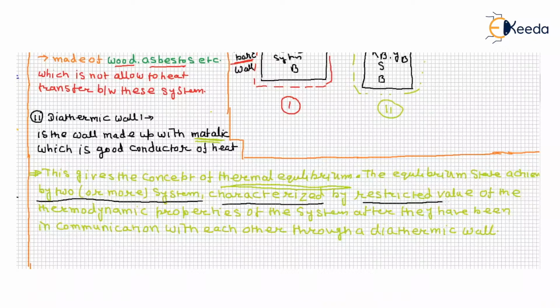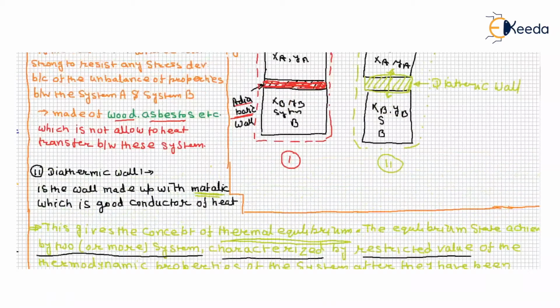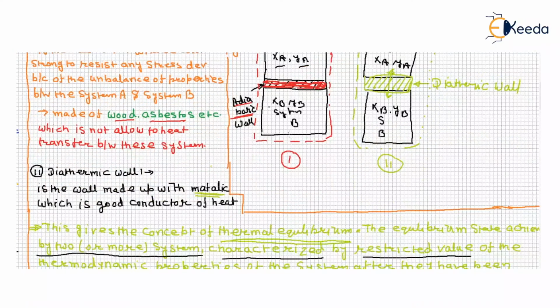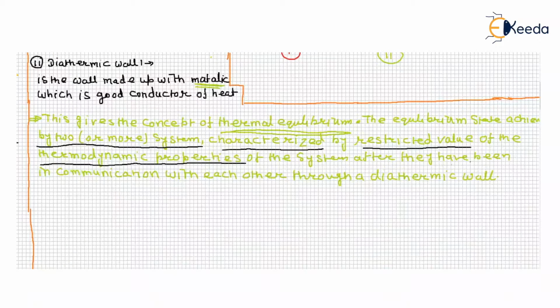That means if these two systems are characterized by a thermodynamic property after they have been put in communication, that means you are adding a diathermic wall, through a diathermic wall.